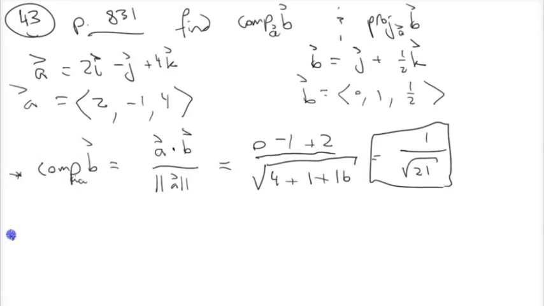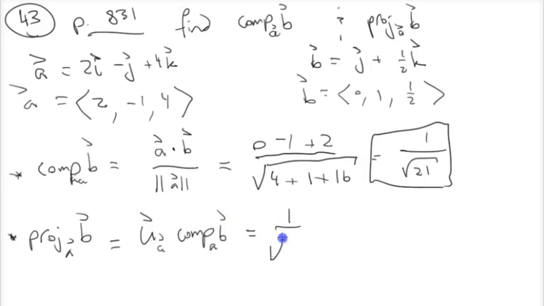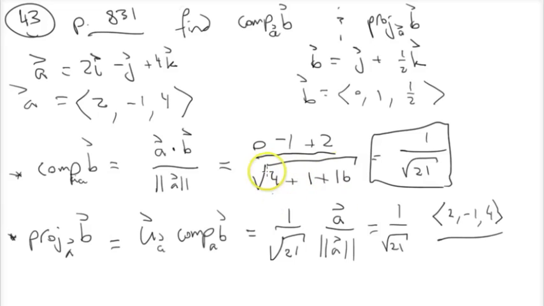Sorry, that was the scalar projection of B on A. Now we need to find the vector projection of B on A. All we do is multiply the unit vector of A by our scalar projection of B on A. So we have our 1 over root 21, and our unit vector is A over the magnitude of A. So we're going to get 1 over root 21 times A, which is 2, negative 1, 4, and its magnitude, as we found here, is root 21.